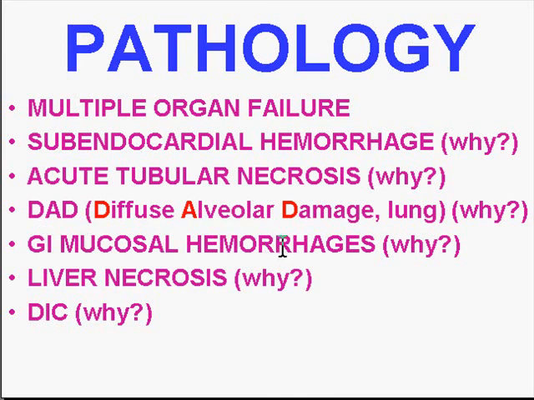In the GI tract, there are a lot of mucosal hemorrhages because GI mucosa is extremely sensitive to lack of blood flow. And if blood flow fails there, you're going to have hemorrhage as an infarct. Liver necrosis, the same general reason. Why is the liver necrotic? Because it's not being perfused.